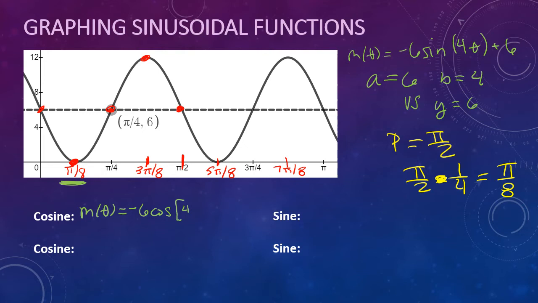Up until this point, nothing about this function has changed. This is where we add the phase shift in. I went to the right pi over 8, so I'm going to do theta minus pi over 8, close my parentheses, close my bracket, and then add my vertical shift to the end. That's all there is to it. Basically everything stays the same except for the little phase shift in the middle.